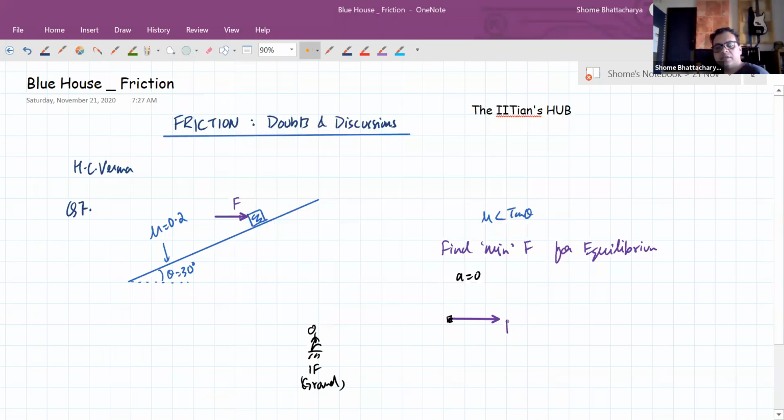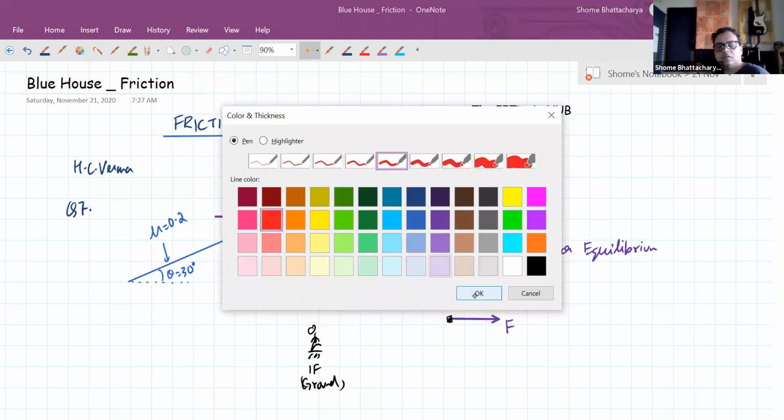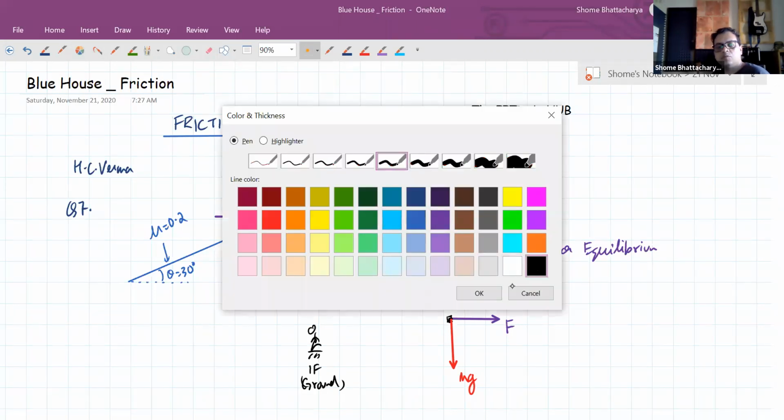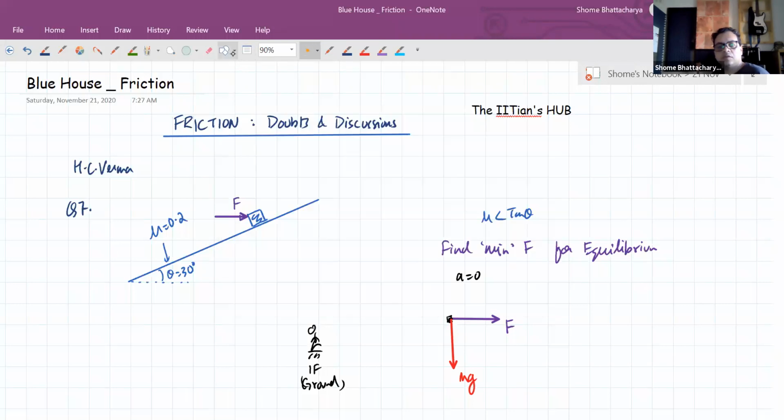So forces acting are the external force we are applying, the gravitational force, mg, then normal reaction, and finally friction.